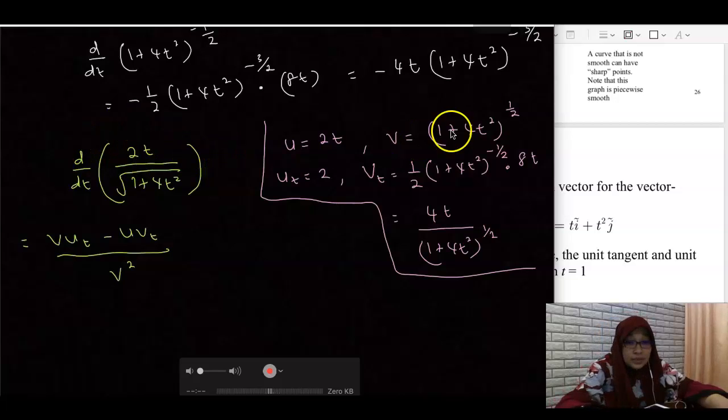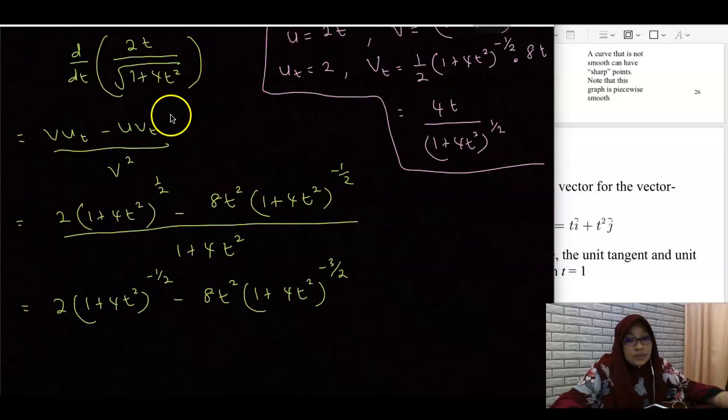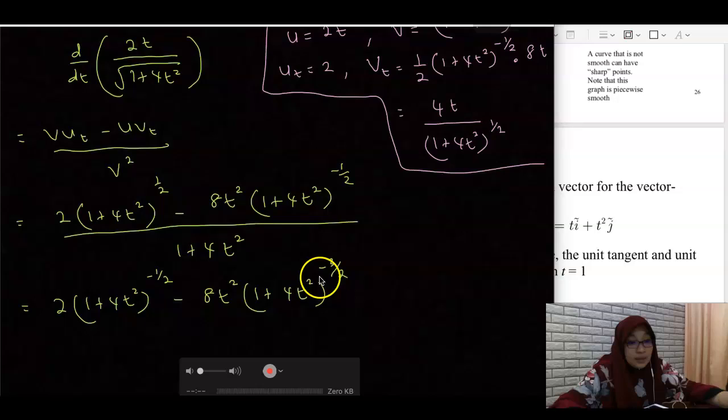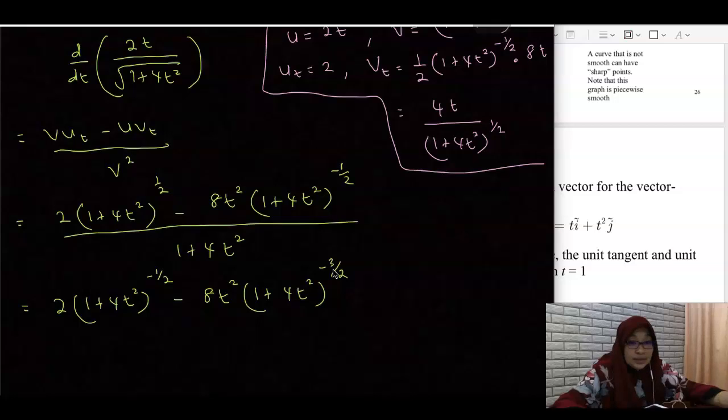And we substitute the info that we have here, then we will get, okay, so that's what we obtain. So this is the derivative for the second component, and then that is T prime, and then we compute the magnitude.